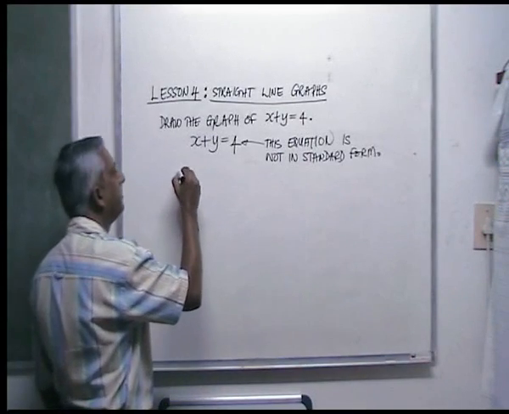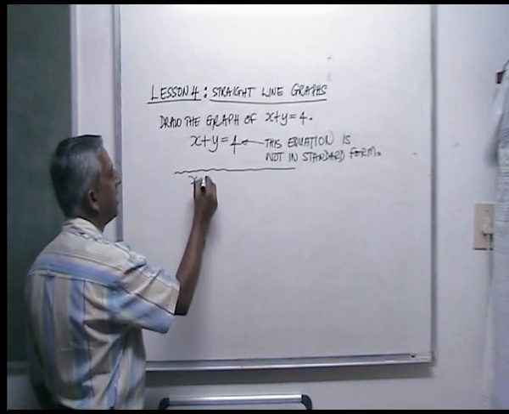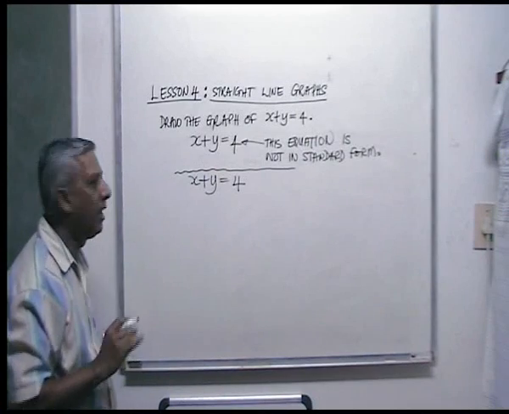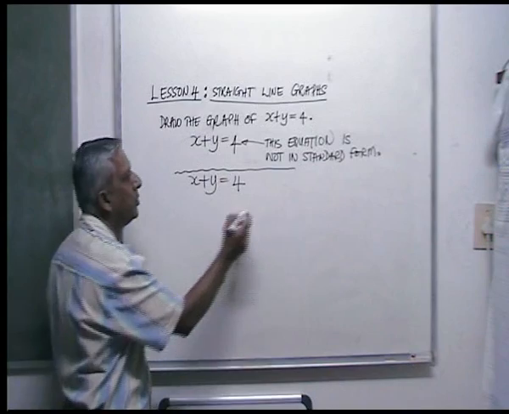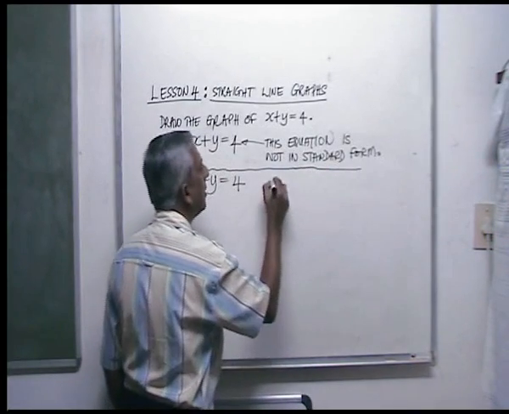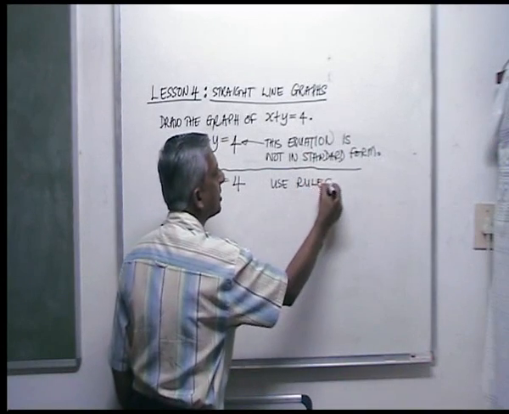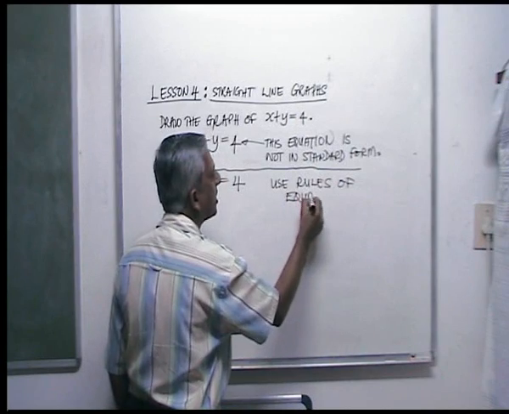So what do we do? Well, we take the equation x plus y is equal to 4. And to bring an equation to standard form, all you do is use the rules of equations.